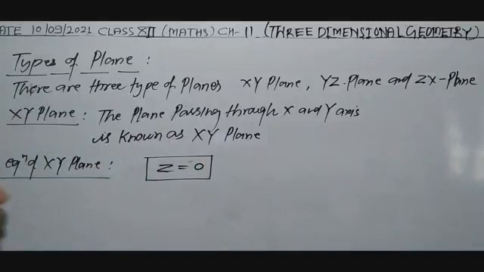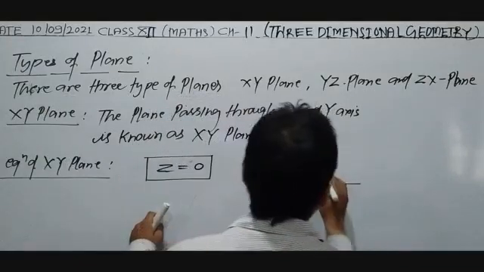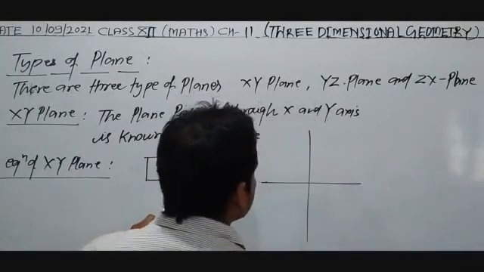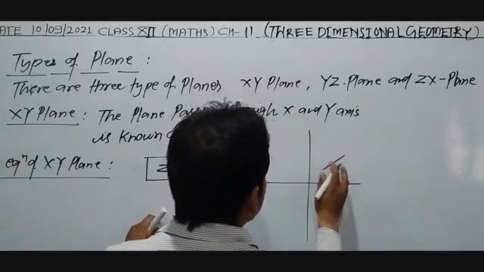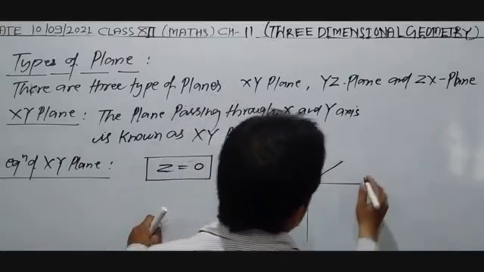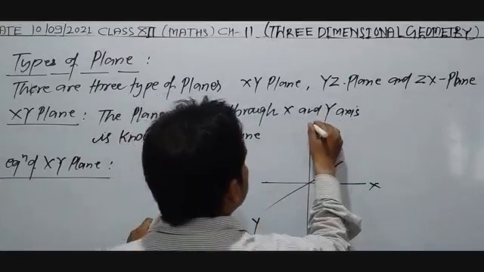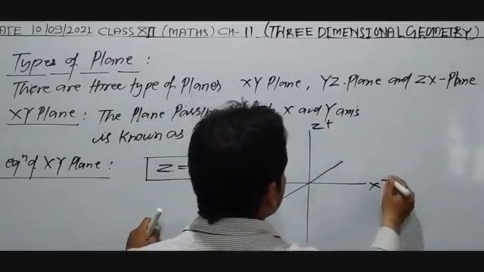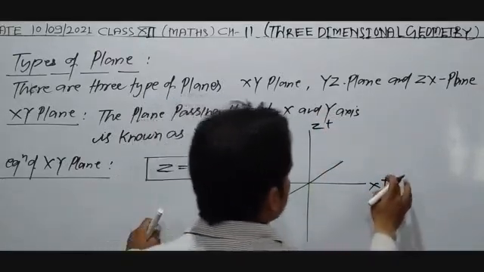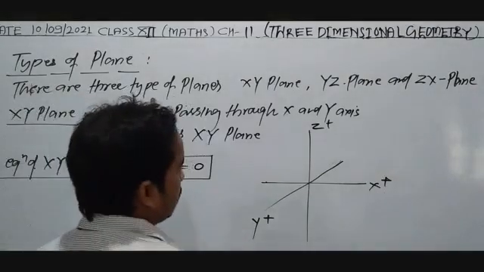Now the plane passing through x and y: this is the x axis, this is the z axis, and this is the y axis. So x positive, y positive, and z positive. The plane is passing through the x axis and y axis.